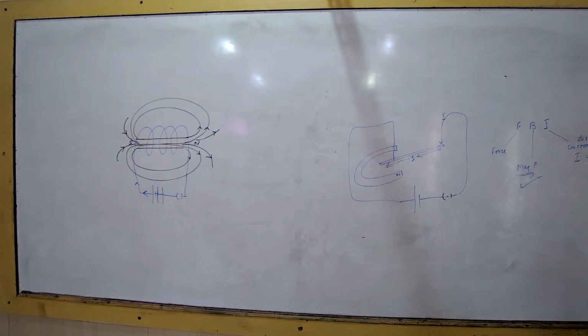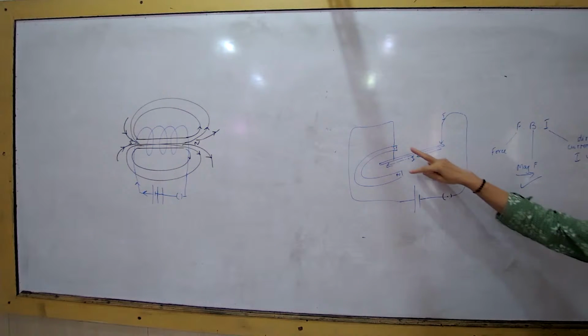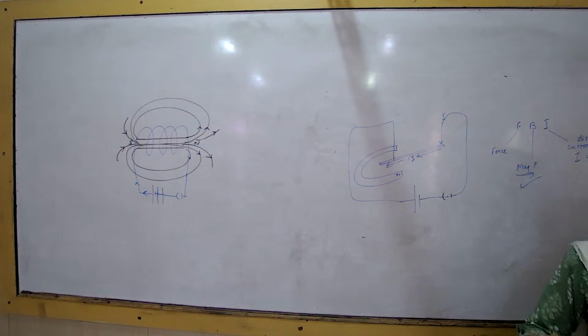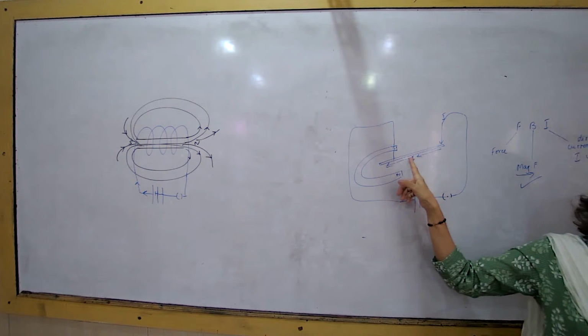Reverse the direction of current flowing. One is the current. The other way is also change this. Okay, change the position of the north and the south. Instead of keeping the north this way, if you keep it like this, then obviously the deflection is going to be changed.